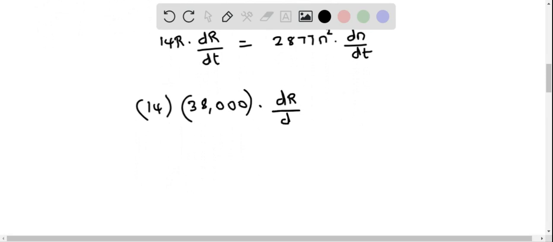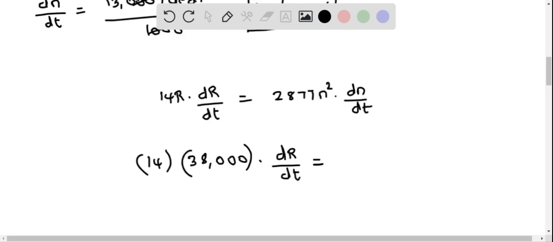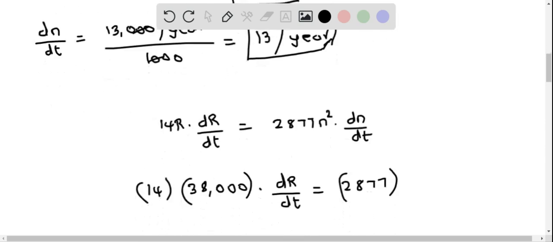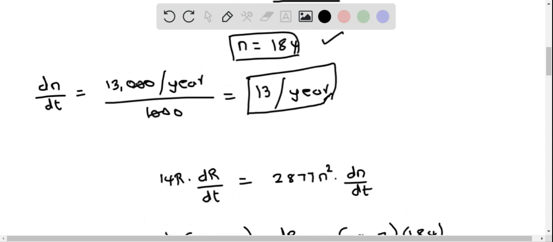So I write dr/dt, that is the rate of change of revenue. And this equals 2,877 times n. We have converted n in terms of thousand, which is 184, and then multiply with dn/dt, that is the rate of change of employees. And this is 13.